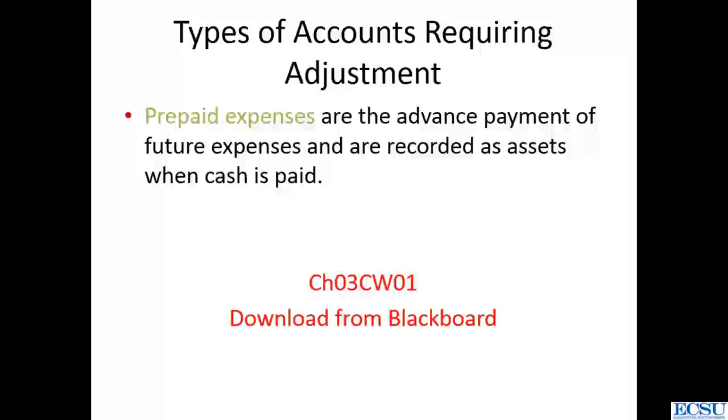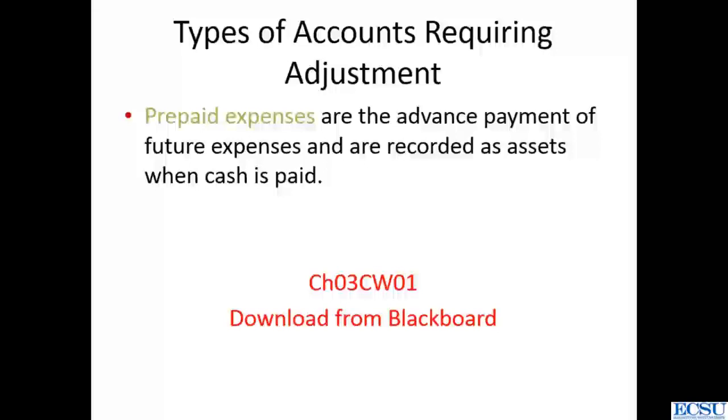For example, if I pay rent for January, February, and March, let's say $1,000 each month, that would be $3,000 on the 1st of January. $1,000 will become an expense at the end of January, $2,000 at the end of February, and $3,000 at the end of March.